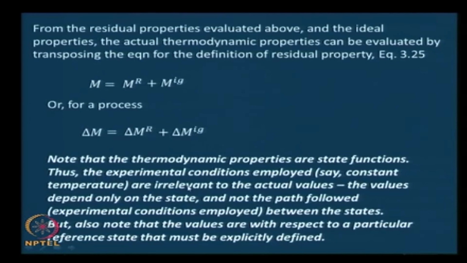Thus the experimental conditions employed, say constant temperature, are irrelevant to the actual values. The values depend only on the state and not the path followed, for example the experimental conditions employed between the states. But also note that the values are with respect to a particular reference state, which must be explicitly defined. We know that right from the beginning, but it is good to remind ourselves from time to time, so that we do not forget it when we actually need to use it.